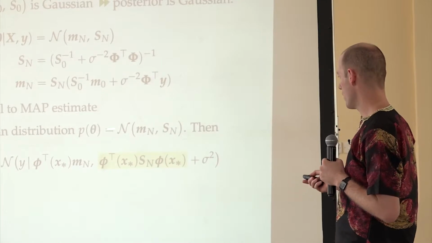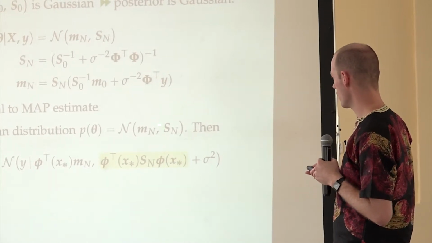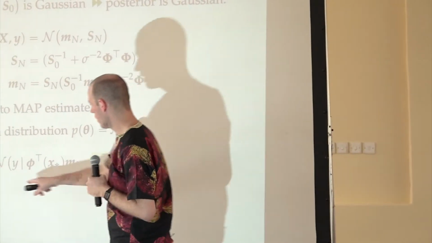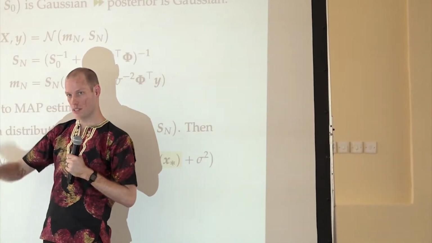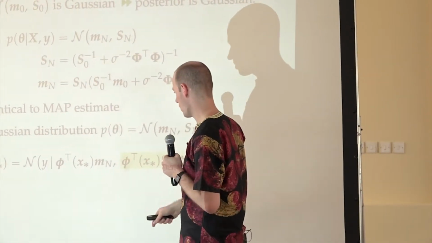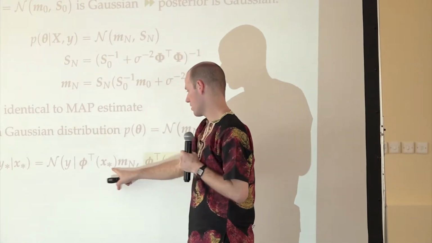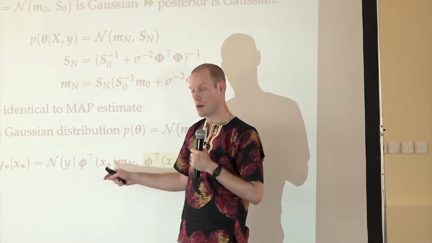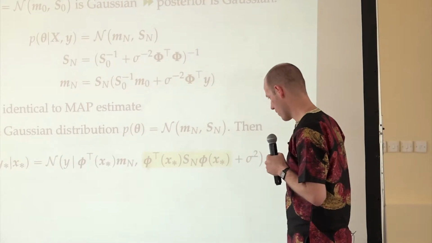With this Gaussian posterior distribution, we can make a prediction of the y value. This is where I showed you these error bars, and this is how I computed them. The mean is the same as with the MAP estimate, but now the variance is different.